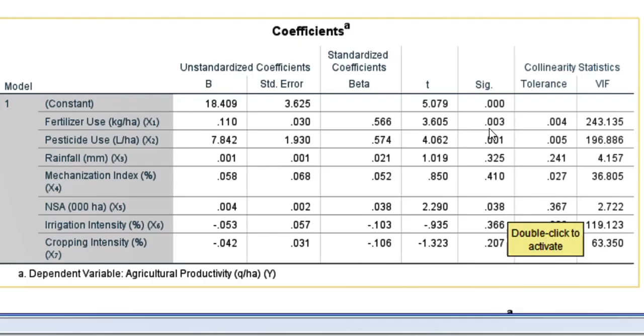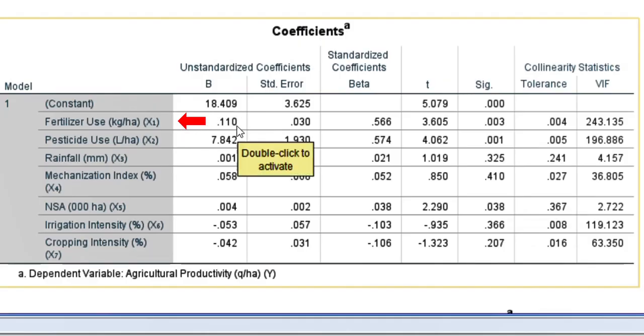We can observe that fertilizer use, pesticide and net sown area are the only variables which are significant, and the rest of the variables are not significant because their p-value is more than 0.05. x1, that is fertilizer use in kg per hectare, indicates that with a 1 kg per hectare increase in fertilizer, agricultural productivity would increase by 0.110 quintal per hectare, keeping all other variables constant.